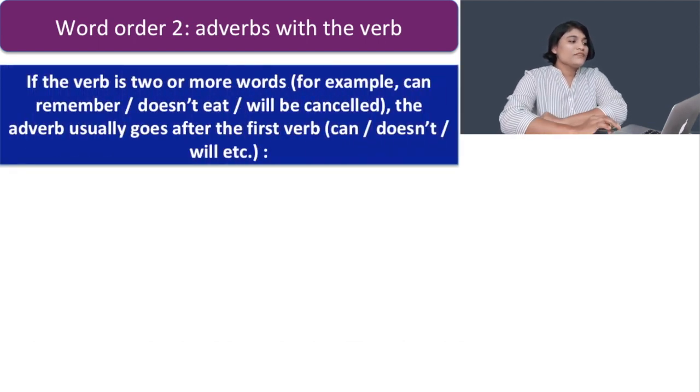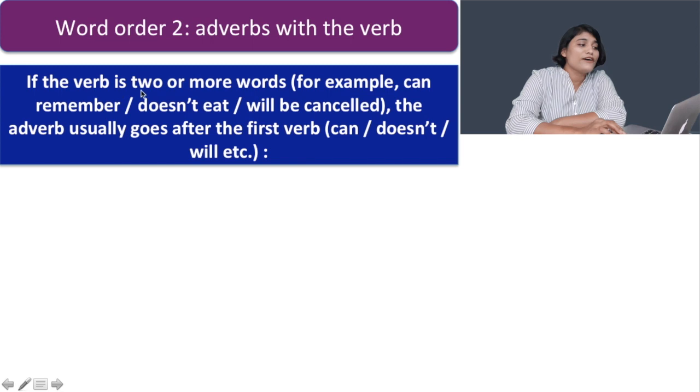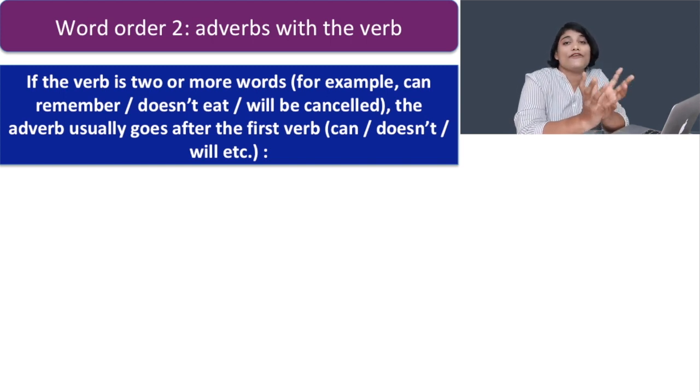Now, if the verb is two or more words, as I have told you, that means in a verb sequence, that is a verb phrase, you may find two or more verbs, auxiliary, modal, etc. Those who really want to know about verb phrases, I have a video lesson relating to phrases.